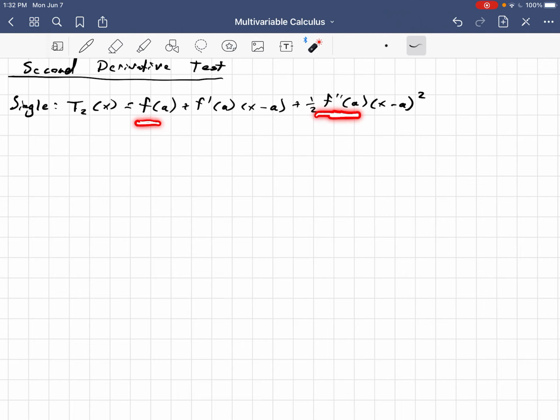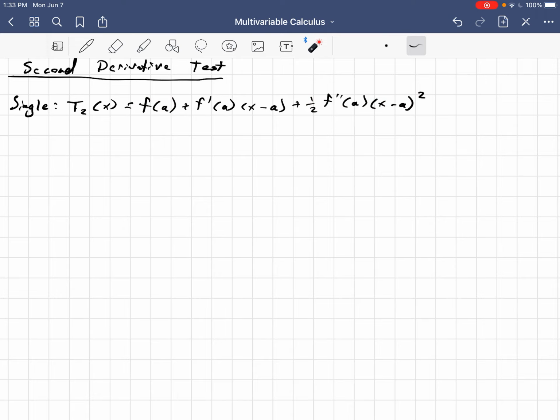Because we really have some number plus 1/2 times all this. The constant isn't going to change, it's just shifting up or down, and we can ignore the 1/2. So what matters is the sign of f double prime of A.